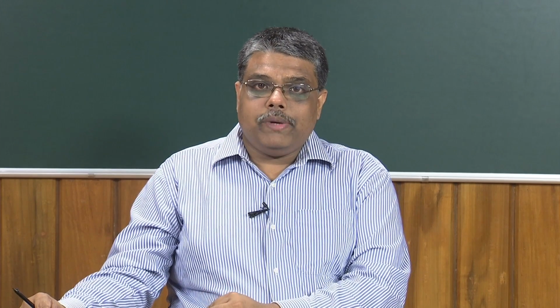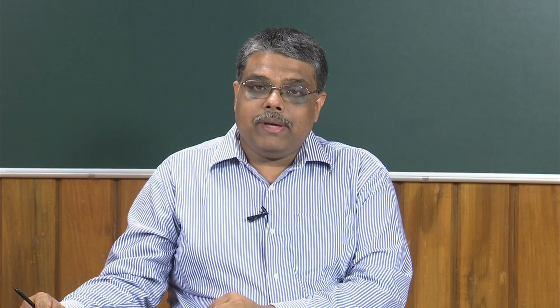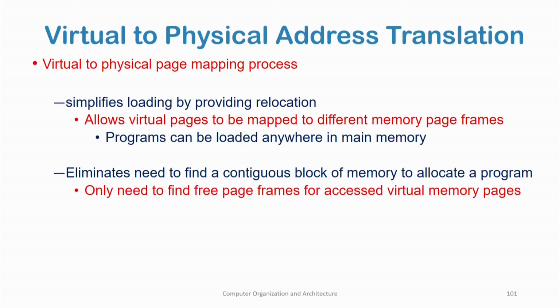However, we can assume here that any virtual page can be mapped to any physical page frame. So, this allows virtual pages to be mapped to different memory page frames. This is relocation. In my virtual address space, my code was contiguous, one after another: virtual page 1 followed by virtual page 2 followed by virtual page 3.